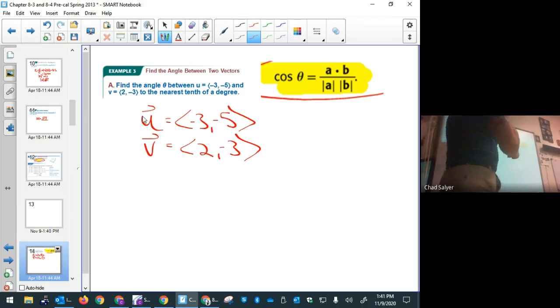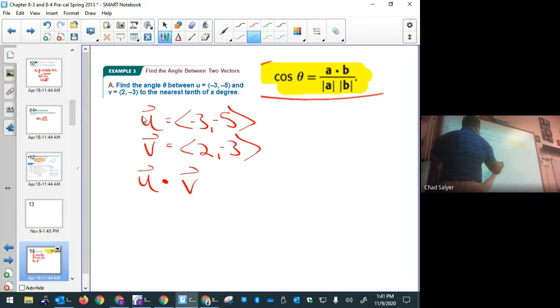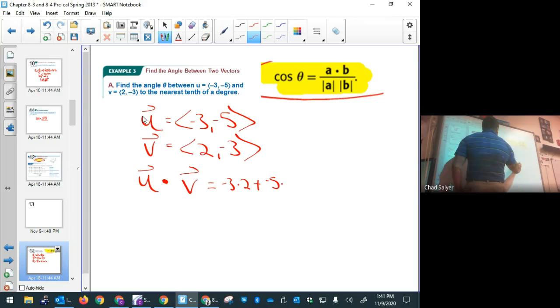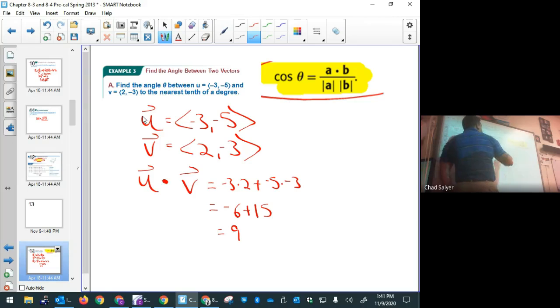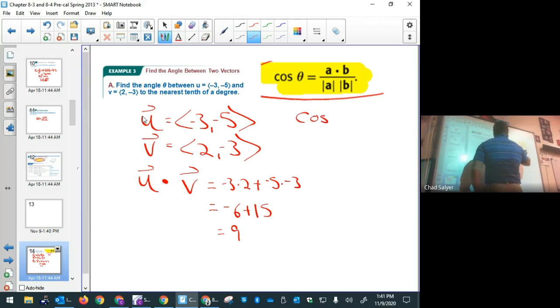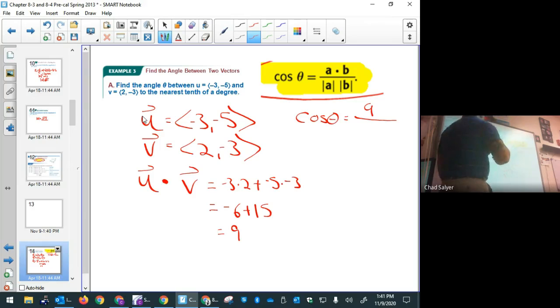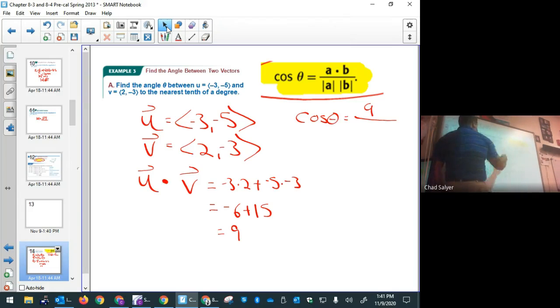So what I need is, first of all, U dot V for that numerator. So that's -3 times 2 plus -5 times -3. So that's -6 plus 15, 9. Now for the denominator, I'll need the magnitudes of both U and V.